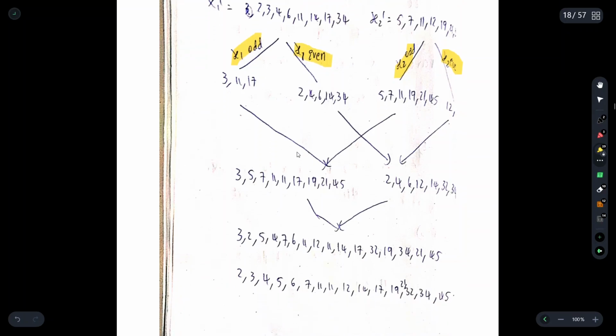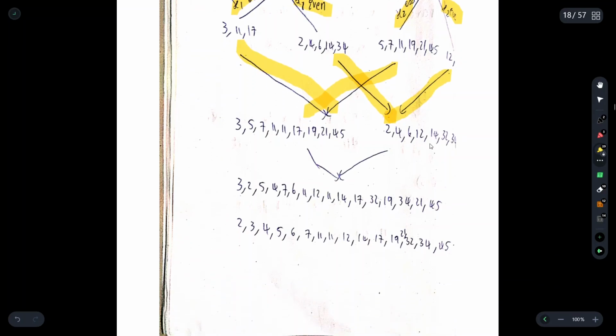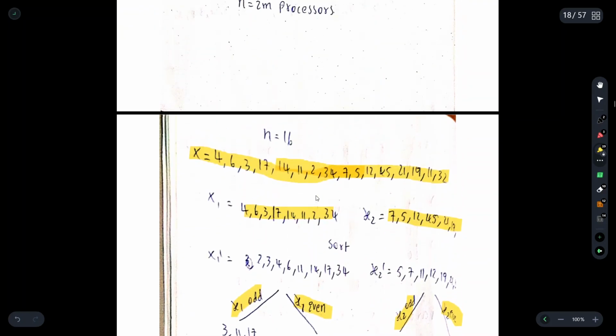Again we merge: x1 odd and x2 odd will be merged, and x1 even and x2 even will be merged. Then these are placed here, 3, 2, 5, 4, 7, 6, and again we shuffle the things in between them and arrange them in a particular order.